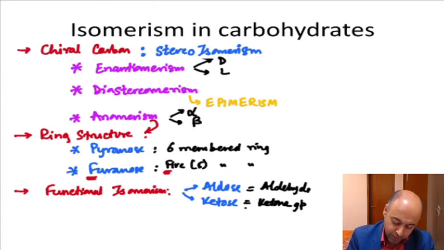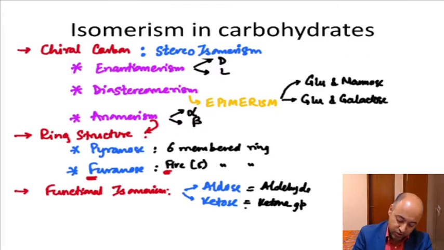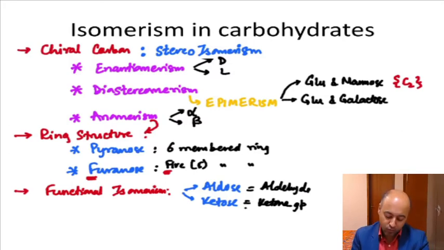Coming back to epimerism, what you have to remember: glucose and mannose. Similarly, glucose and galactose. These are epimers of each other. Glucose and mannose are epimers at carbon 2. Glucose and galactose are epimers at carbon 4.